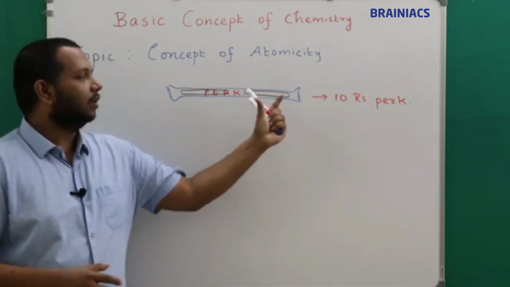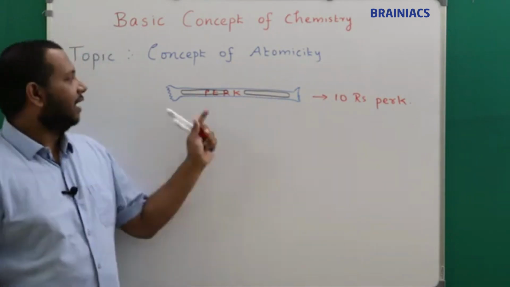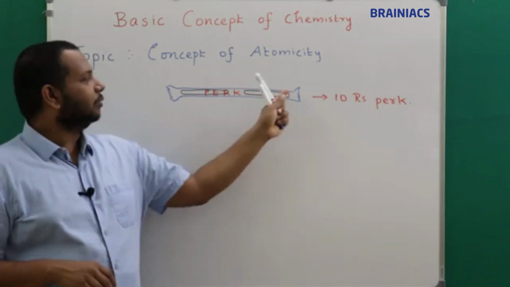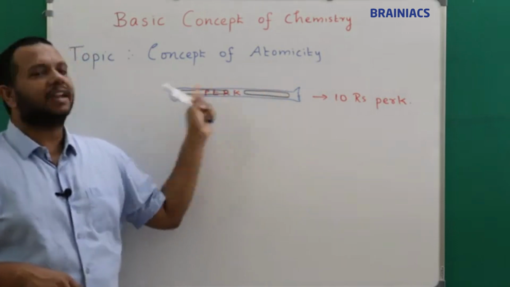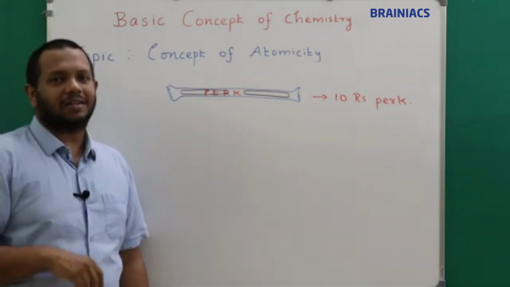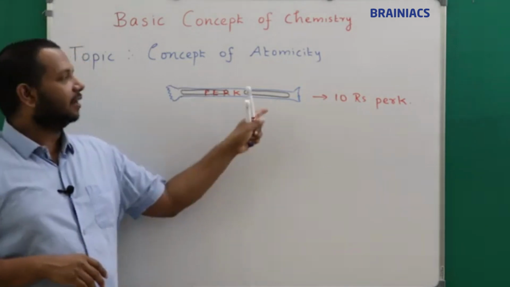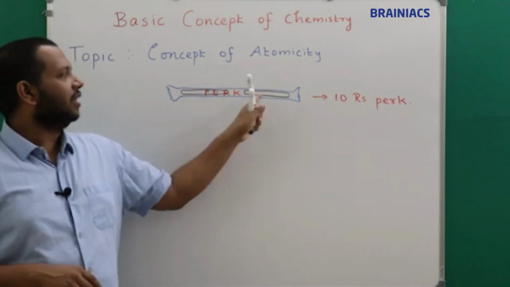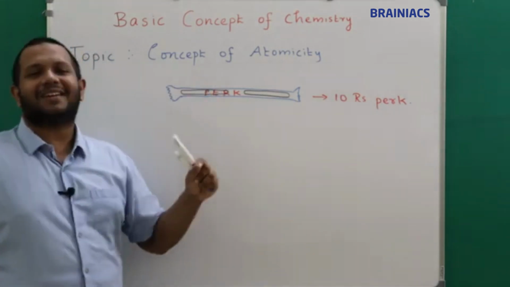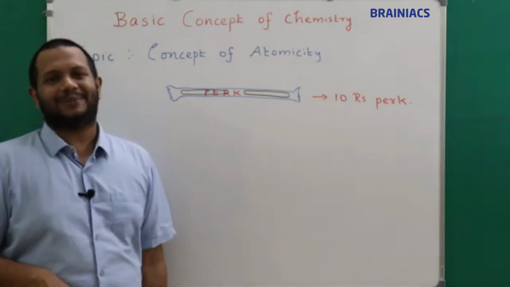Perk as a whole is my molecule here, and inside the molecule we know atoms are present. So one molecule of Perk has how many chocolates inside? 2 bars can be seen. So one molecule has 2 atoms. Correct. So the atomicity of the Perk is 2.